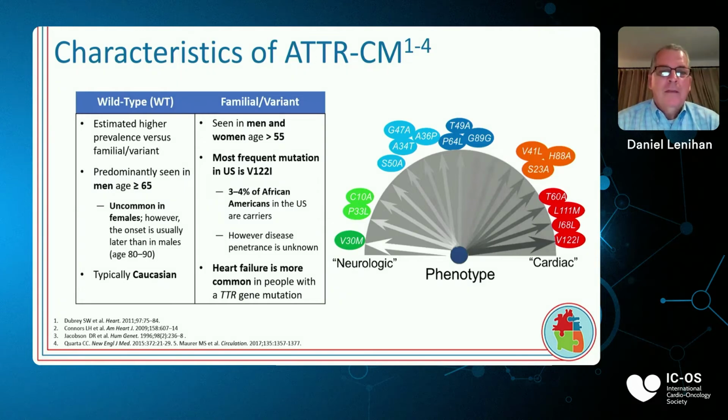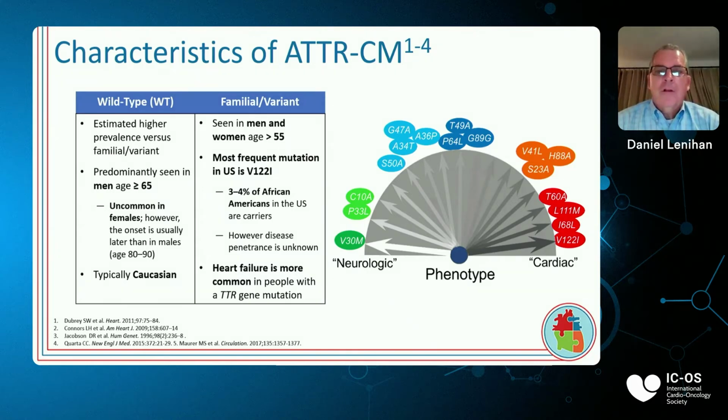Depending on your location, that may or may not be a true statement, but over the whole world, the estimate is somewhere in the range of 80% are wild type. And usually this is seen more commonly in men that are older, so greater than age 65. It's pretty uncommon in females, but it is not completely unheard of. And typically, at least as we've identified it so far, it occurs in Caucasians.